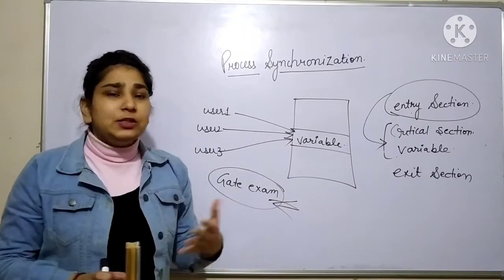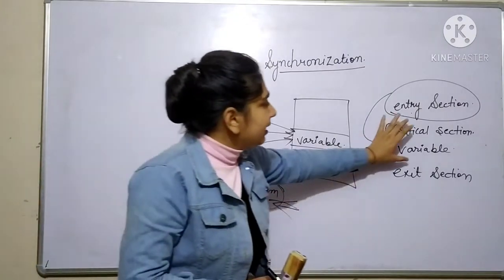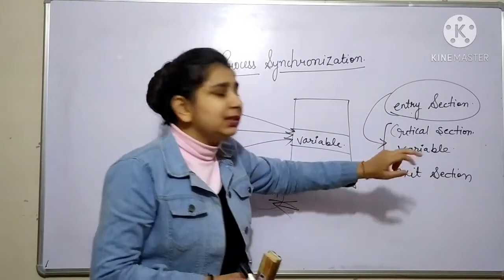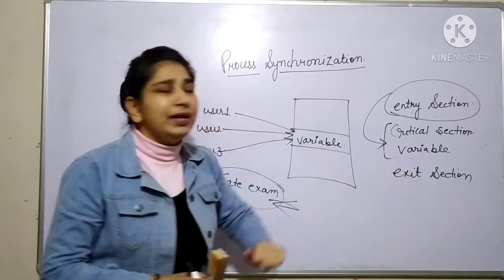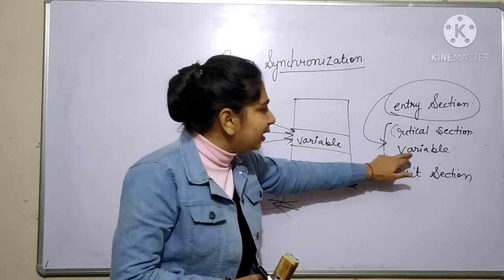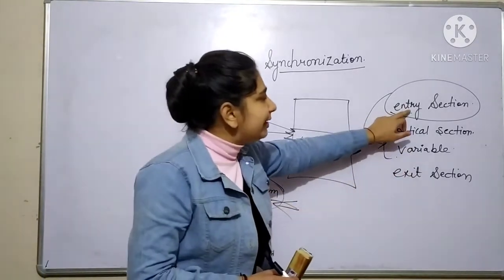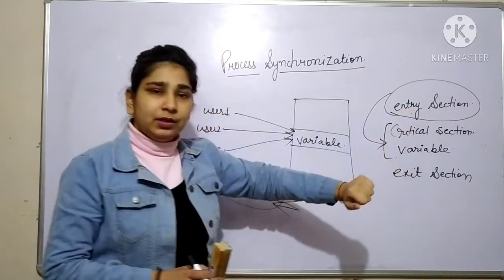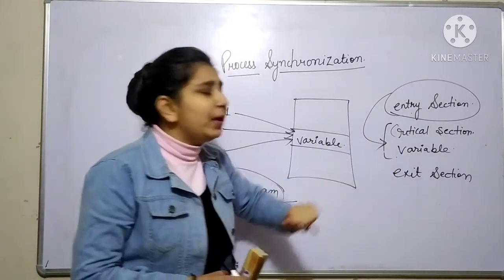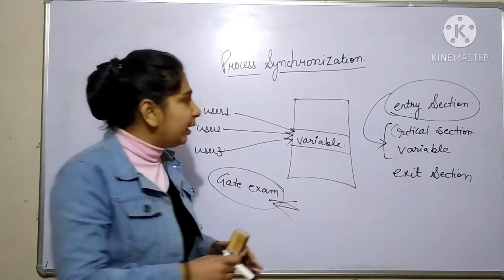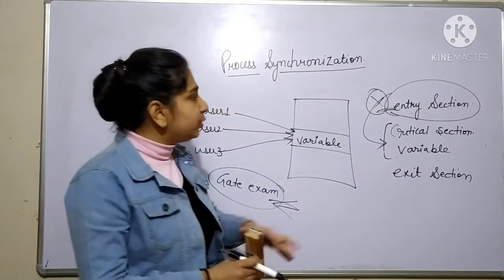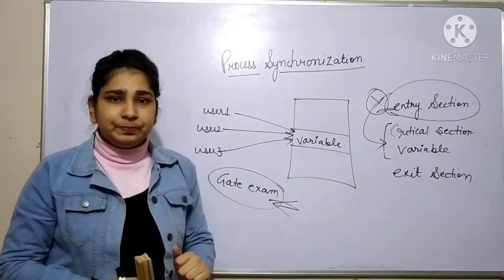If there is no request accessing the variable, you allow that request to access it. Now one process is accessing the variable, so you will not let any other request enter this critical section. That request is going to get stuck at the entry section.